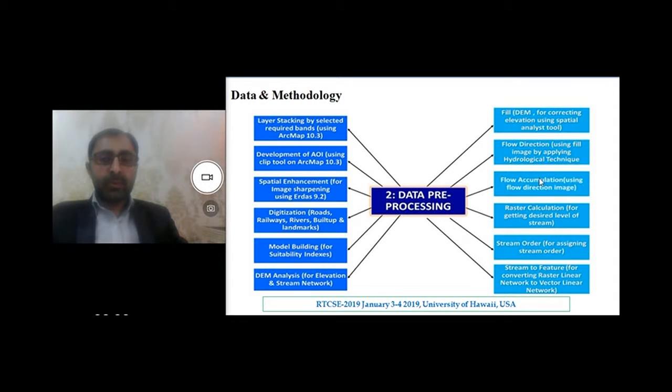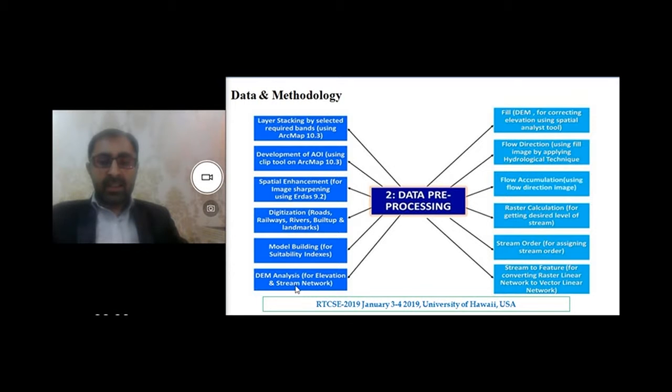In data pre-processing, we applied some techniques and tools. For example, layer stacking by selecting the required bands using ArcMap 10.3, spatial enhancement for image sharpening using ERDAS Imagine 9.2, and digitizing roads, railways, rivers, built up areas and landmarks.